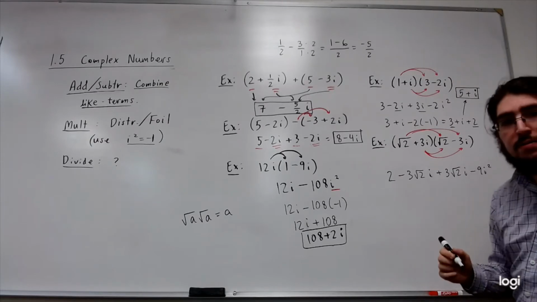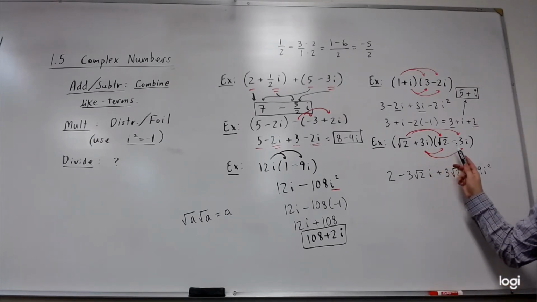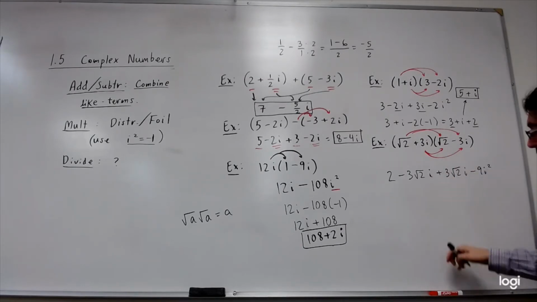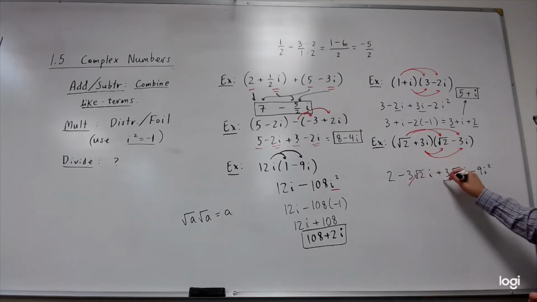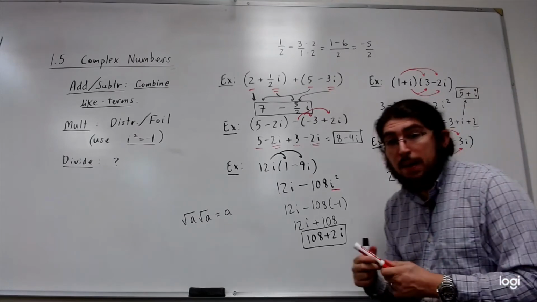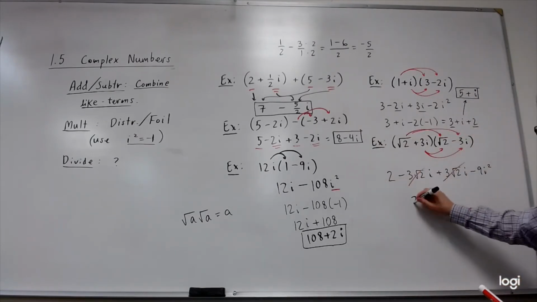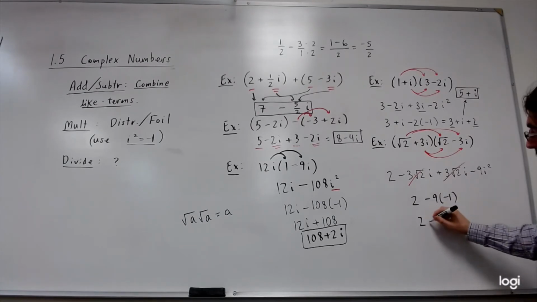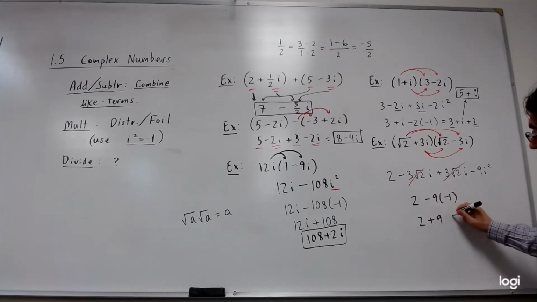We agree, right? Because positive 3 times negative 3 is negative 9, and i times i is i squared. Notice the middle two cancel out completely because they're the same number but opposite signs. So we just get 2 minus 9 times i squared. i squared is negative 1. So this gives us 2 plus 9, which is 11.